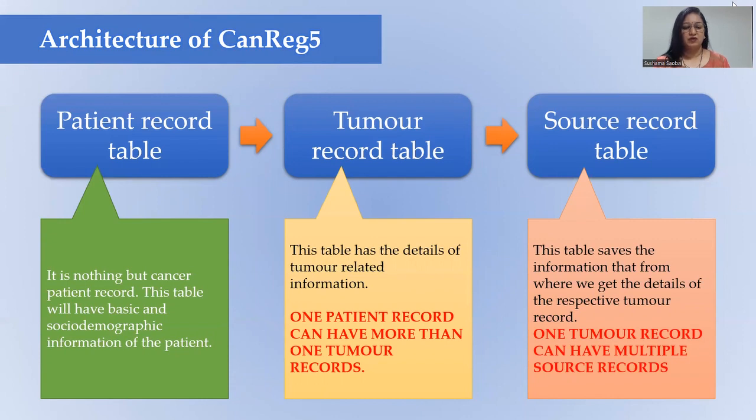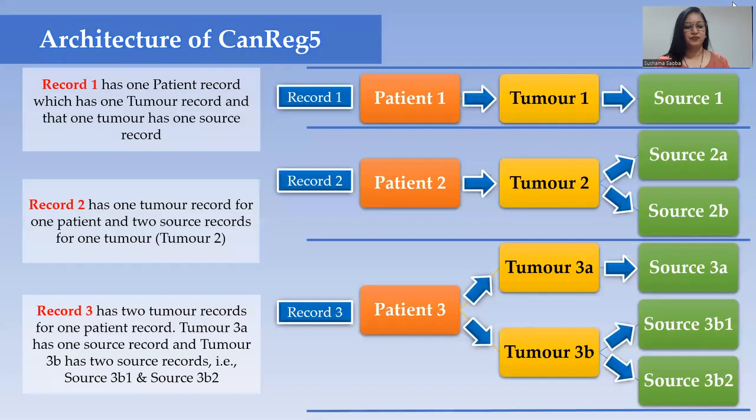This is because a single patient may be visiting a number of path labs for diagnosis or a number of hospitals for his treatment. So we have a single record in the patient table, there may be single or multiple records in the tumor table, and each tumor can have multiple source records.